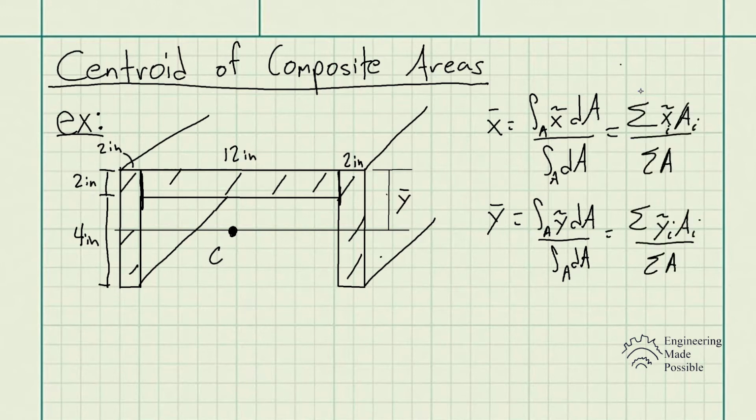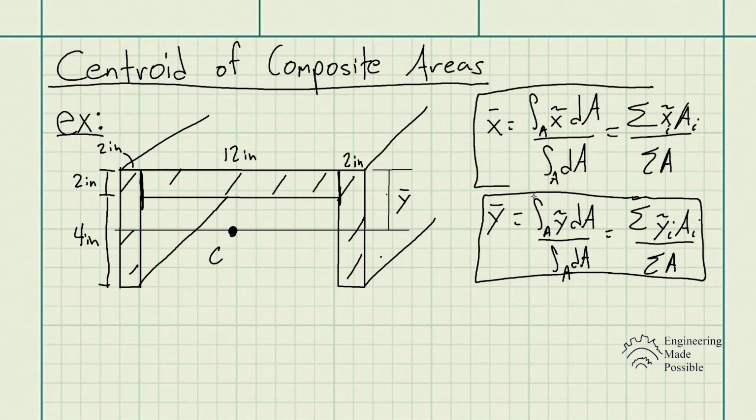The x bar is the sum of the x i, the centroid of each composite area, times that specific area of the smaller, simpler geometry, divided by the sum of all the areas. The same is true for y bar. So here are the equations for solving the centroids of simpler geometries: squares, rectangles, triangles, and so forth. Let's go ahead and number each composite area.